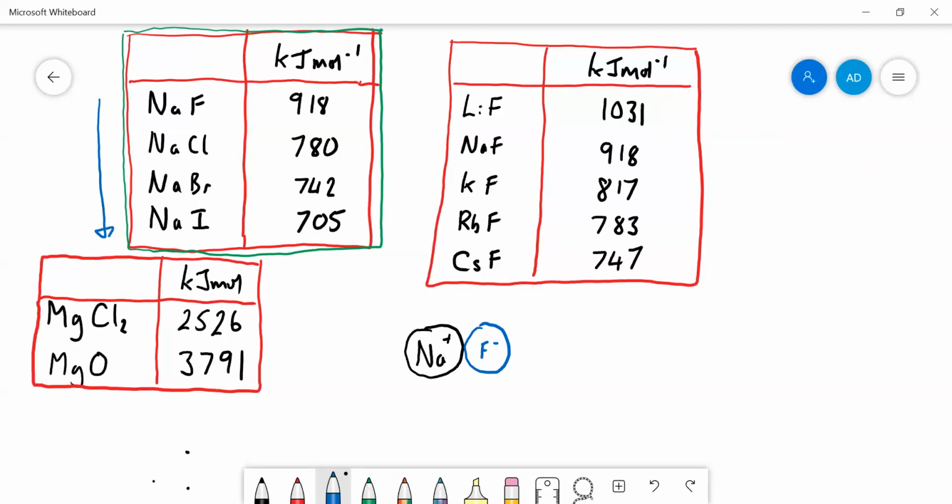Well, we're obviously going down group 7, the halogens. The size of the sodium ion is going to remain the same, but let's think about the halogen ion. Fluoride is the smallest, chloride is a bit bigger because you've got another shell. The electronic structure of fluoride is 2,8, chloride is 2,8,8, bromide is a bit bigger still, and iodide is biggest of all.